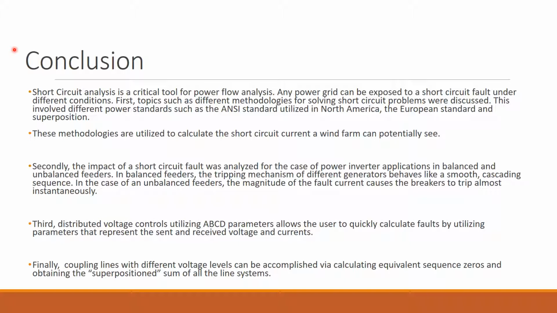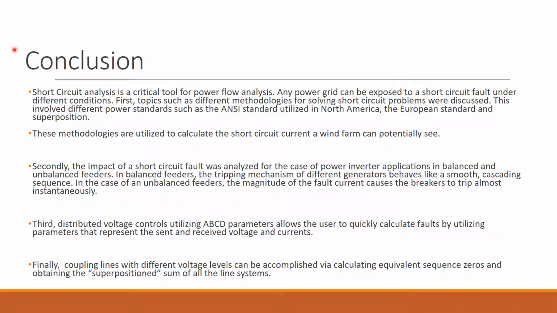First, topics such as different methodologies for solving short circuit problems were discussed. Here we mention our different standards, the ANSI standard, the European standard, which is the IEC 60909, and the superposition method that we have seen in our classes.